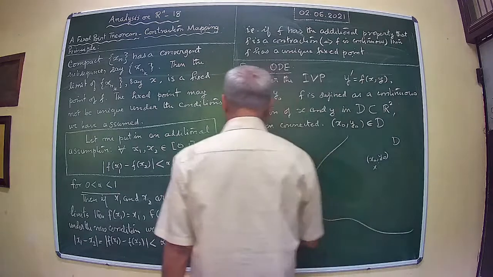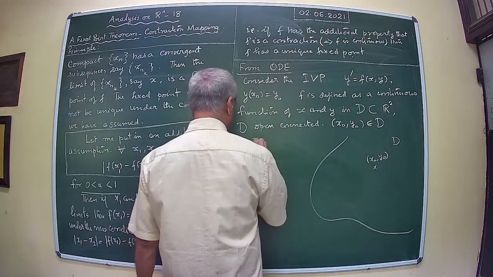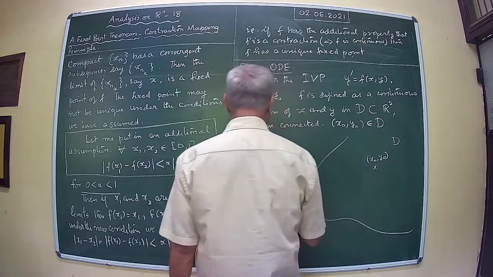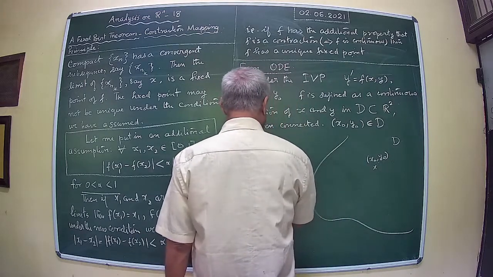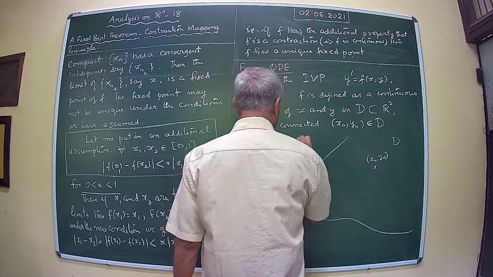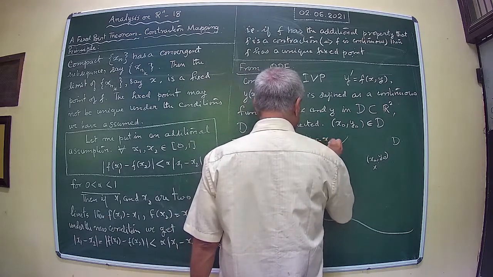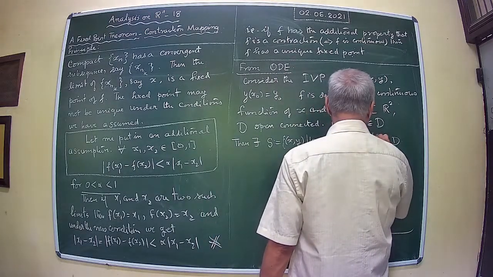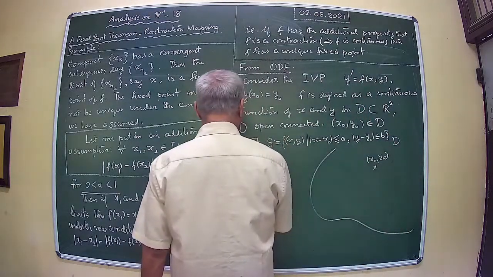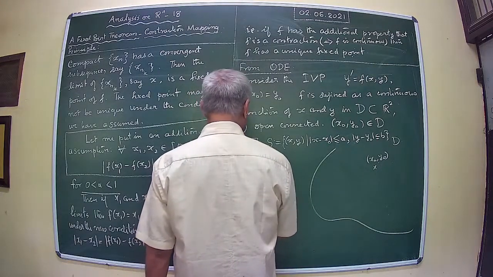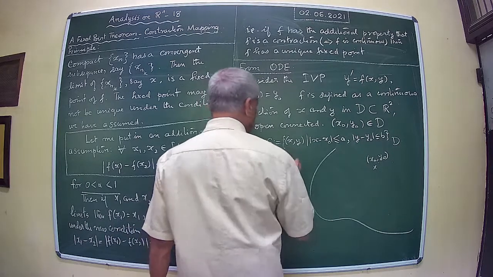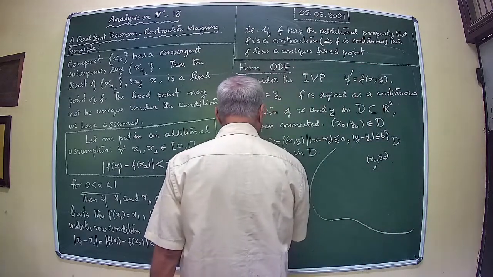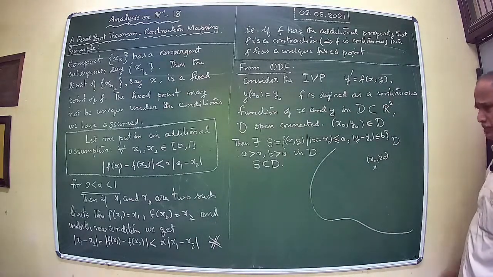Now what you can do is, this S is contained in D. By choosing A and B properly you can do that.